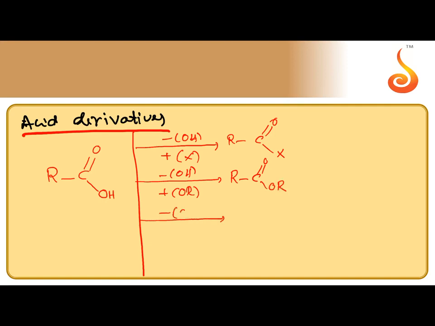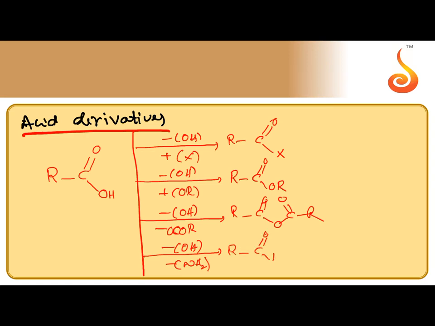In place of OH, if COR is attached, we can get OCOR. In place of OH, you keep OCOR. This is an acid anhydride. In place of OH, if NH2 or substituted NH is used, we can get an amide, acid amide.